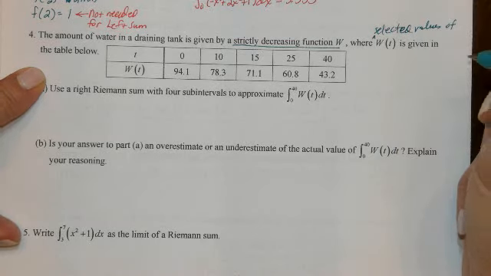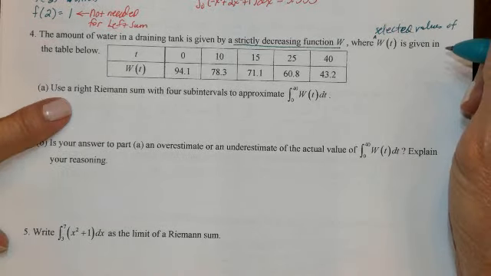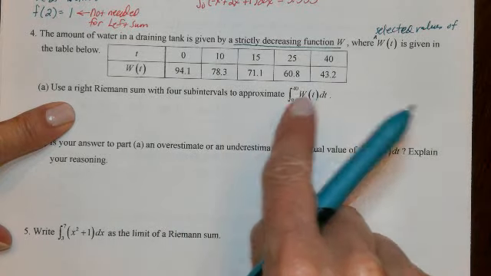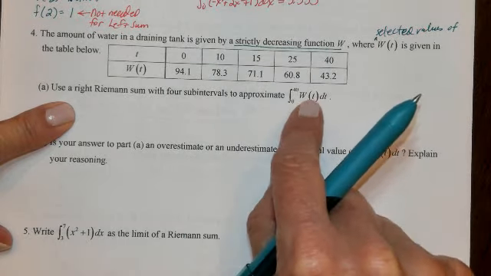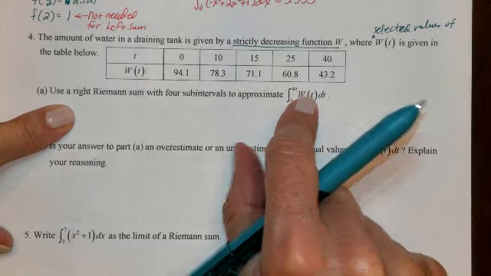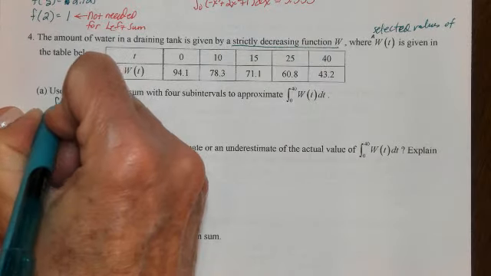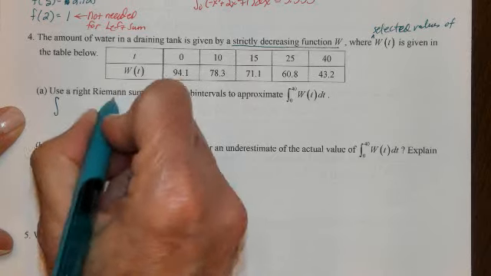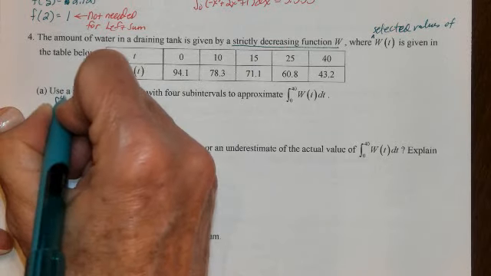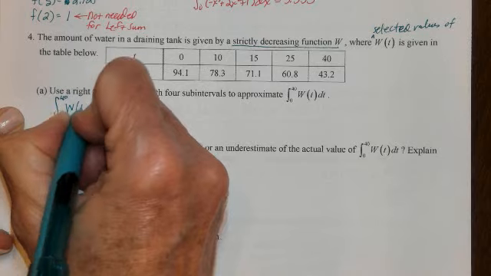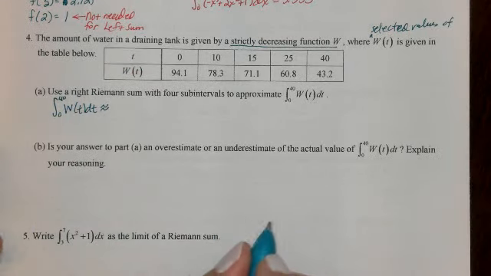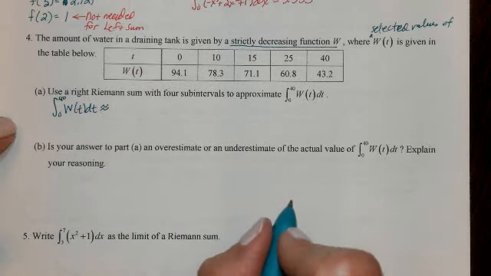Use a right Riemann sum with 4 subintervals to approximate this definite integral. This is the area under that curve, right? And a right Riemann sum does approximate the area under that curve. So we can go straight to the right Riemann sum.